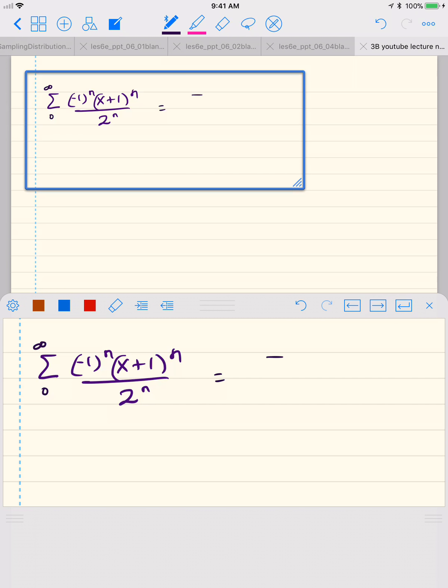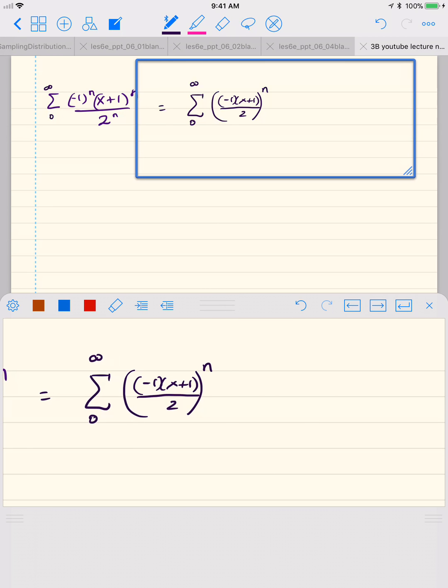This series, remember how we said that we could rewrite it as the sum from 0 to infinity of -1 times x plus 1, all over 2, all of this to the n. So this is a geometric series.